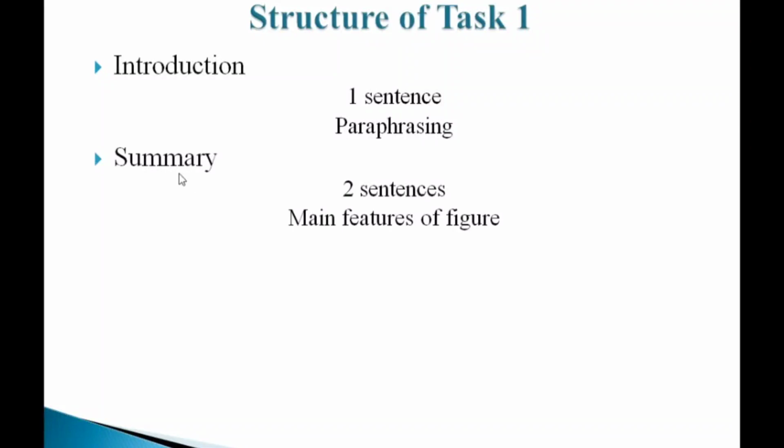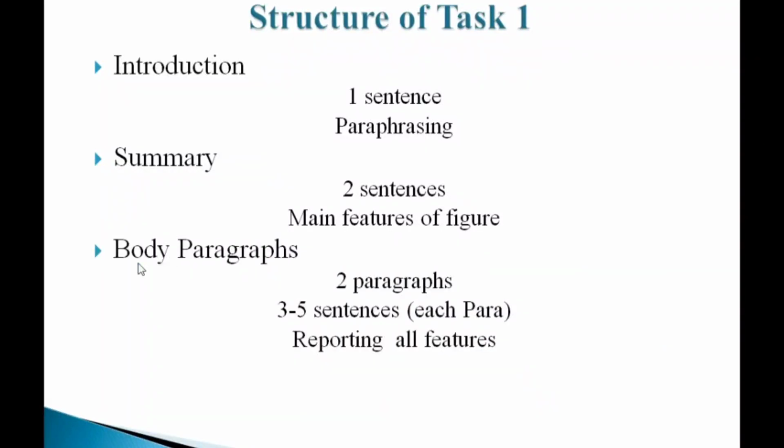And in Task 2 you wrote the summary at the end. However, in Task 1 you will write the summary as the second paragraph. Your second paragraph will be your summary of the provided figure, and it consists of 2 sentences, and in 2 sentences you will mention the main features of the provided figure.